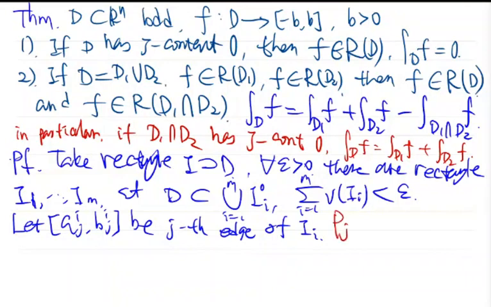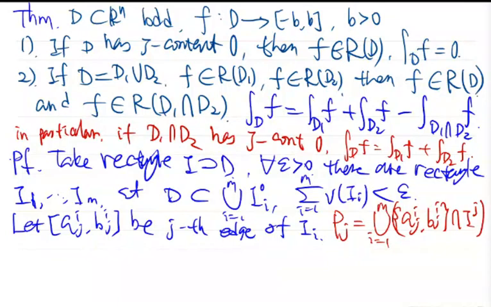Pj is the union of all these endpoints, that is Aij, Bij, intersecting the Ij. The notation here: Ij is the j-th edge of our rectangle I.